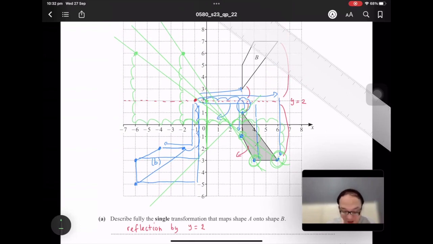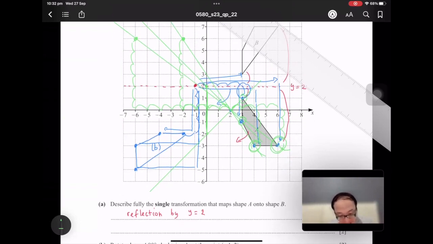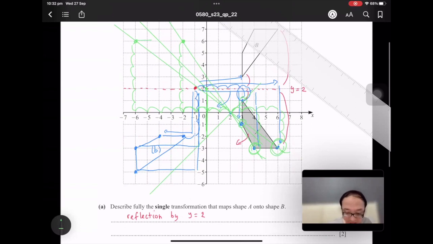So that means I can find this one and then connect this, and then connect this.